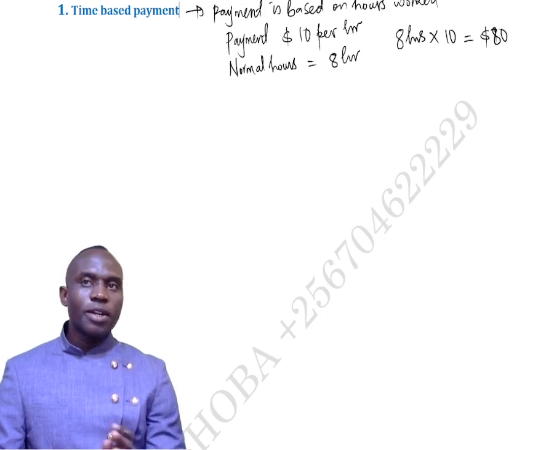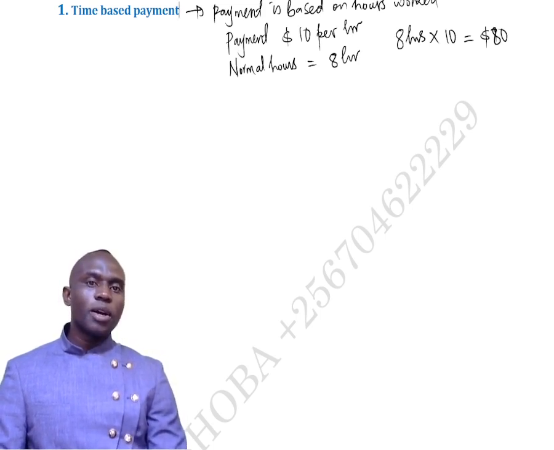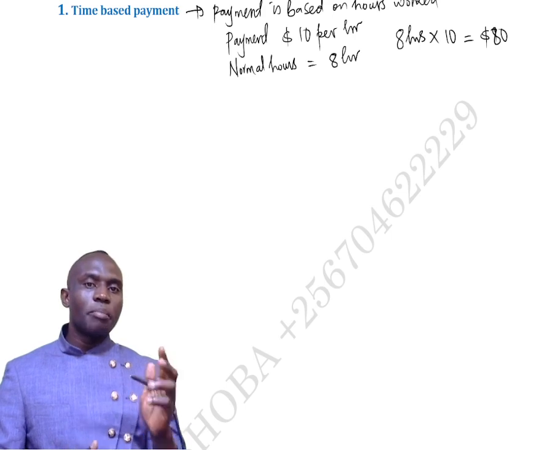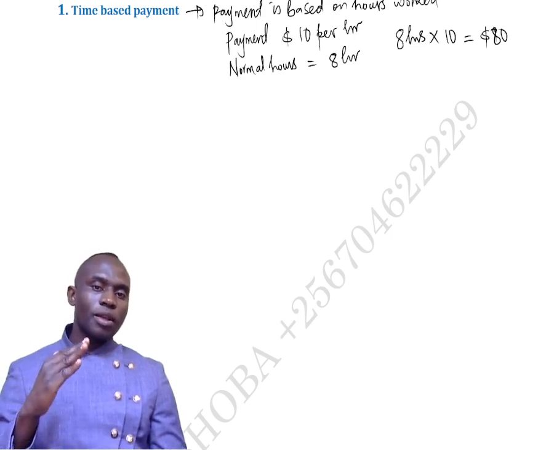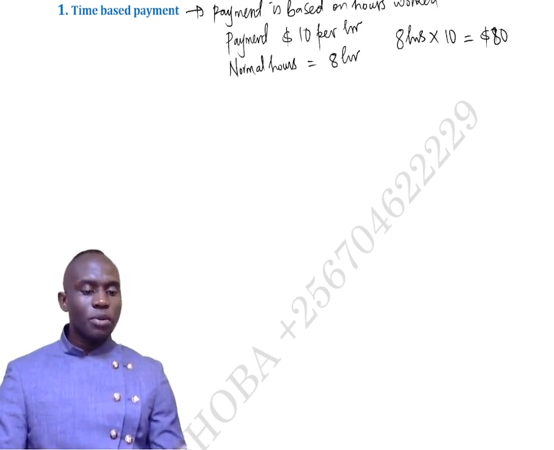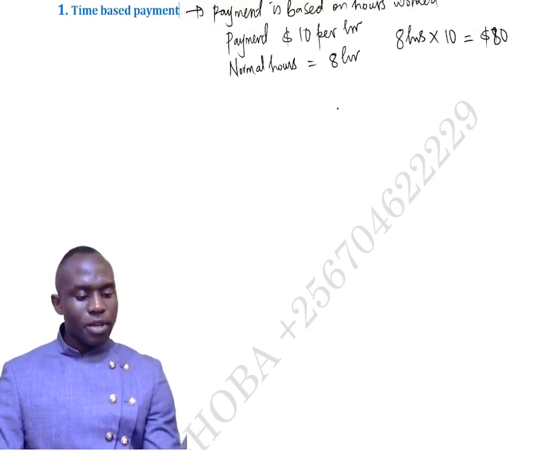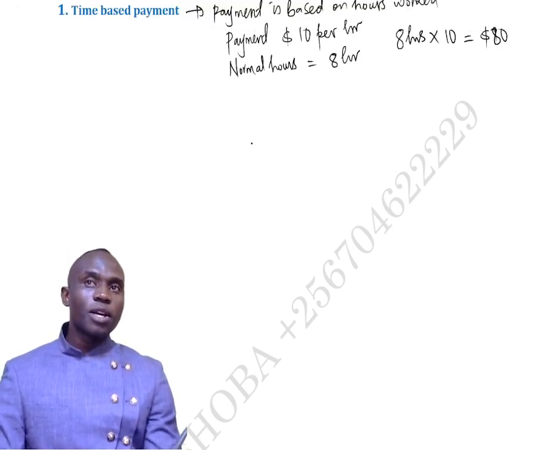Now you might find that in some days, someone is required to work for an extended period of time. So in that case, instead of only working 8 hours, someone is required to work for maybe 11 hours. And to encourage the person to work overtime, that person will be given a higher payment. So if the normal payment has been $10, for any hours beyond 8, the person might be paid, for example, $12.5 per hour.